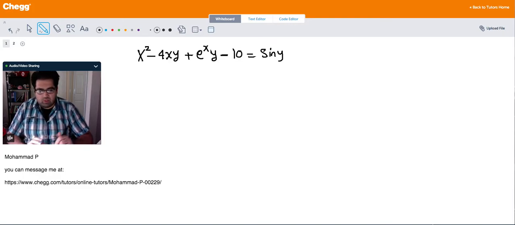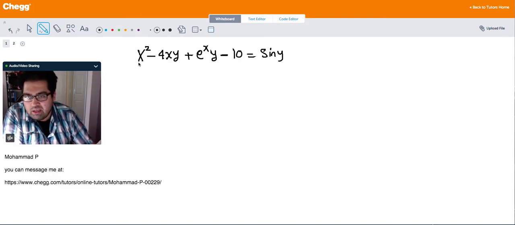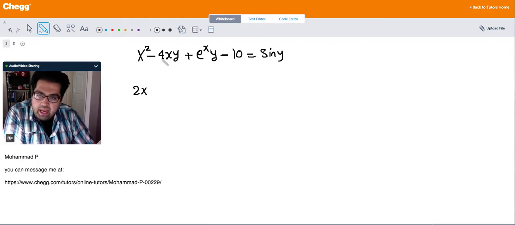So as you see in this case, the y is not given explicitly in terms of x. They're all combined. So let's just start taking the derivative of the first term, which is going to be 2x. And then I get to negative 4xy. So here x is being multiplied by y, so we need to use product rule. So to use the product rule, I keep the negative 4, which is a constant, outside.